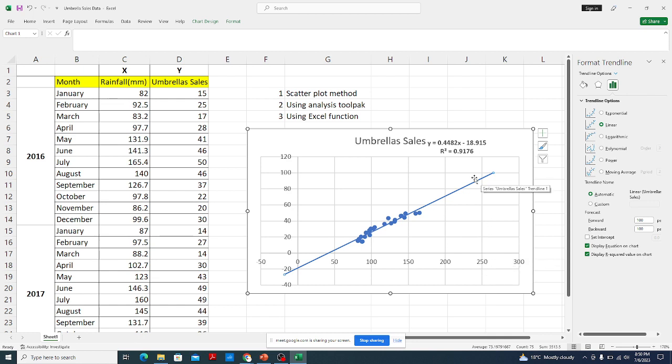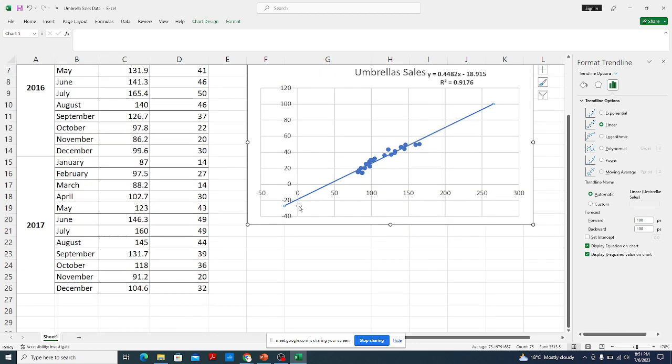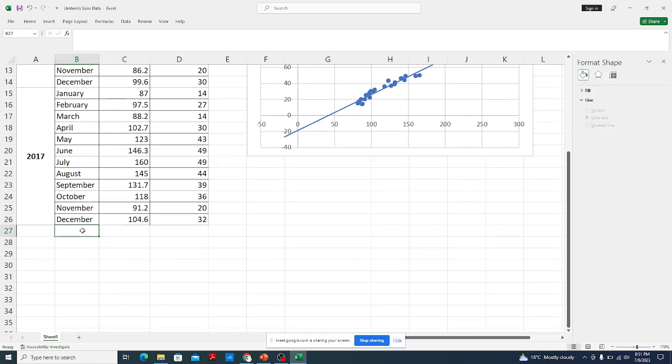You can see you will sell close to 90 umbrellas. Maybe let me try, like I'm saying, January of the following year, the rainfall amount is at 250.